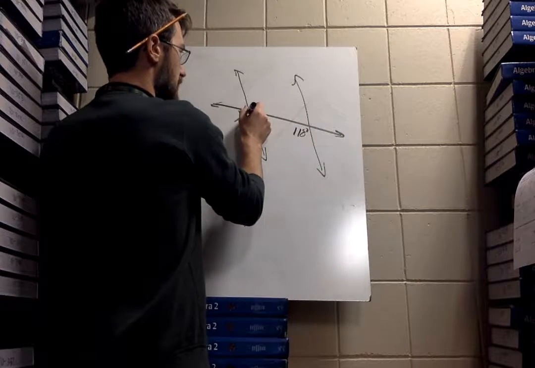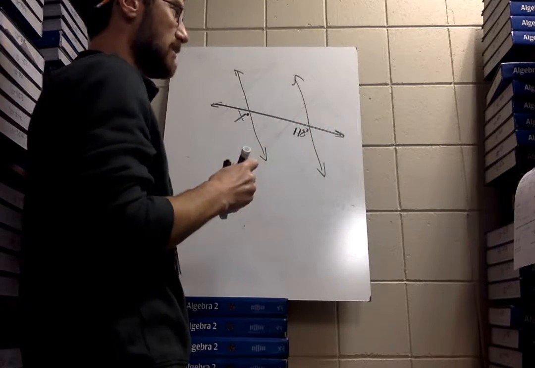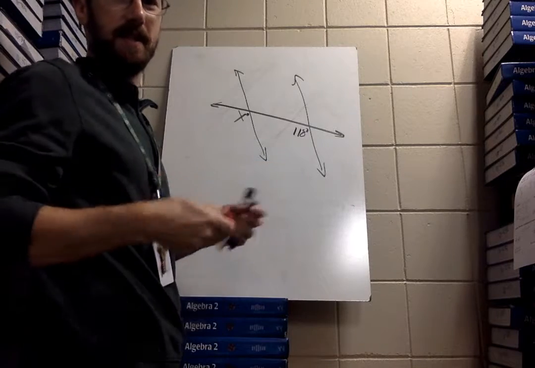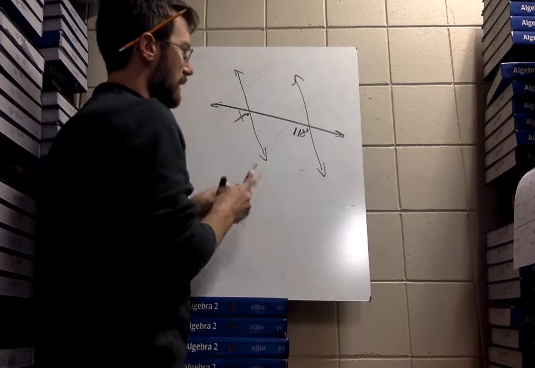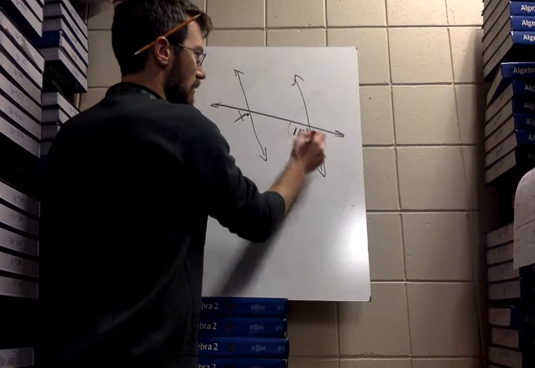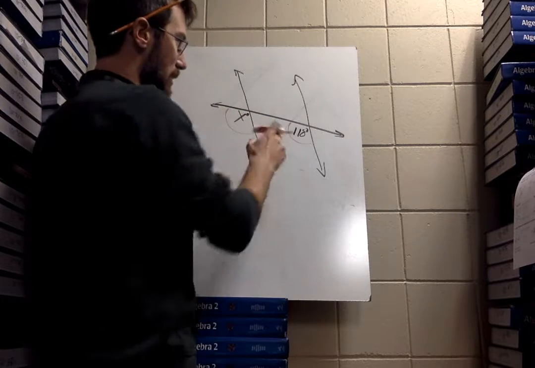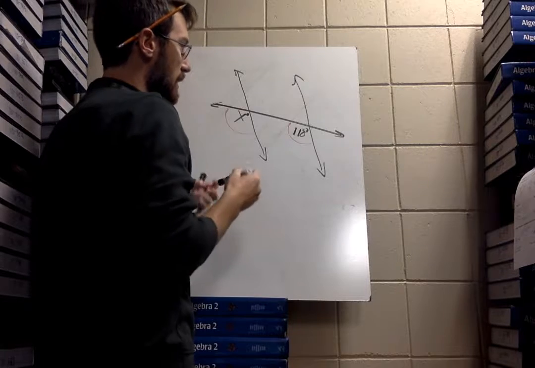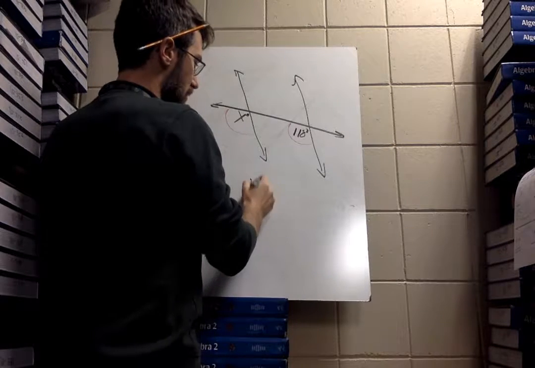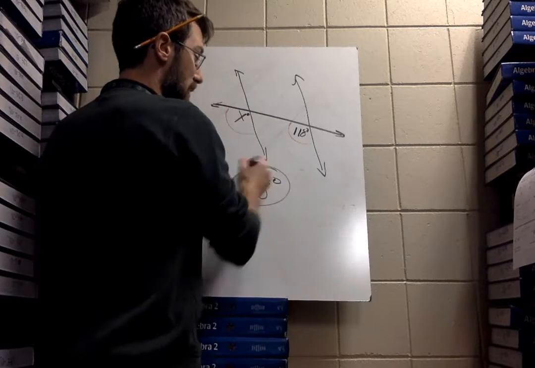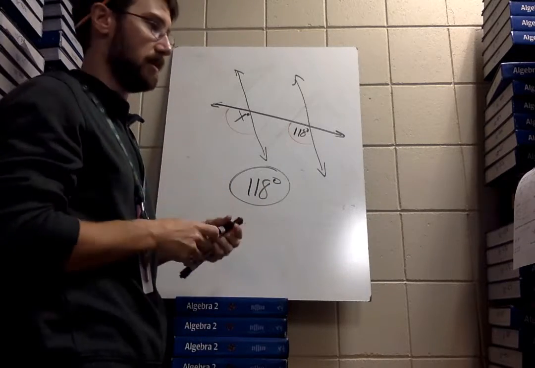Now we're looking for this angle, angle QRS on your diagram. And it's the same thing. We've got two big angles here. One that's 118. This one is also a big angle. It's corresponding again. And so our measure for this one is also the same, 118 degrees.